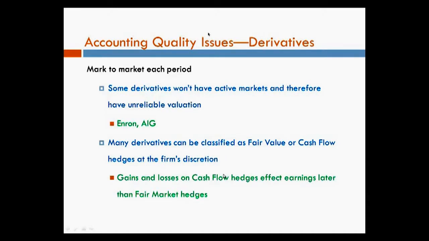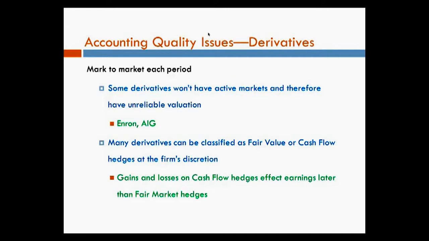So there are quite a few accounting quality questions related to derivatives. The periodic mark-to-market: a lot of room for error, manipulation. Enron and AIG are two examples where that mark-to-market challenged the marketplace in a big way.